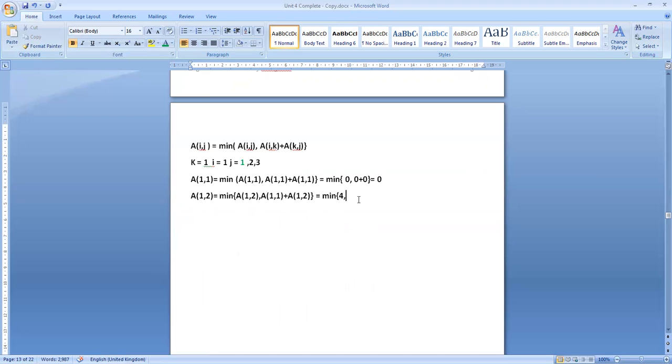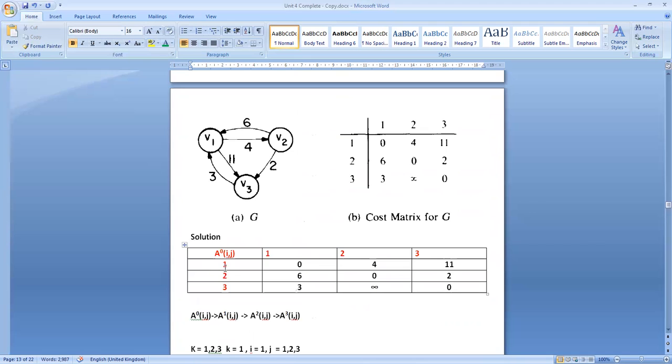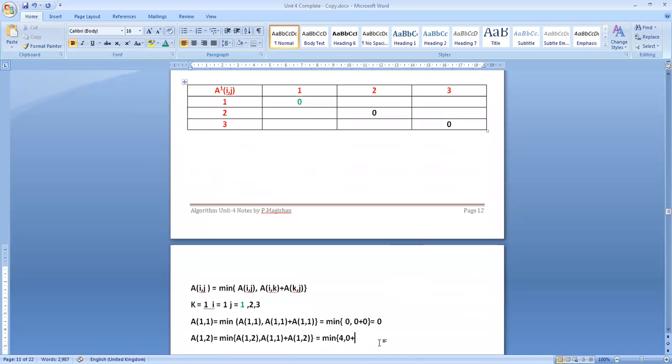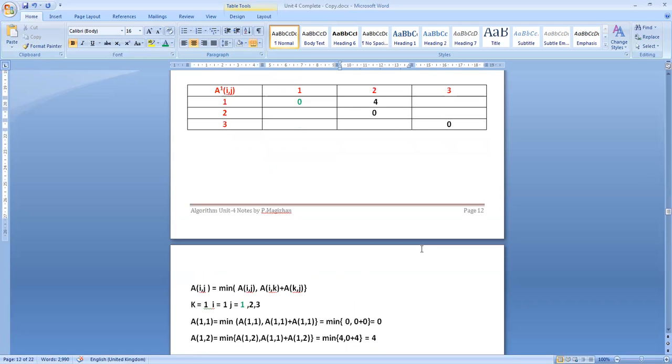Then a of 1 comma 1 is 0, that we know already, plus a of 1 comma 2, from here it is 4. Now what is the minimum value? 4 comma 4, that is equal to 4 only. So now we have found a of 1 comma 2, that is 4.